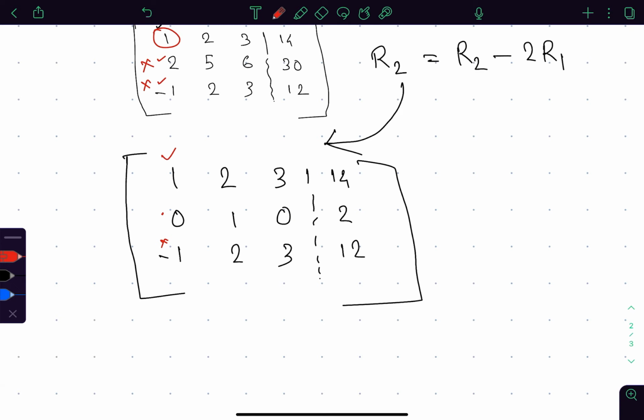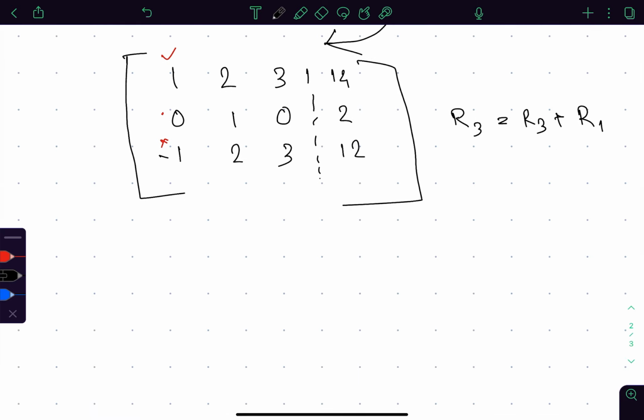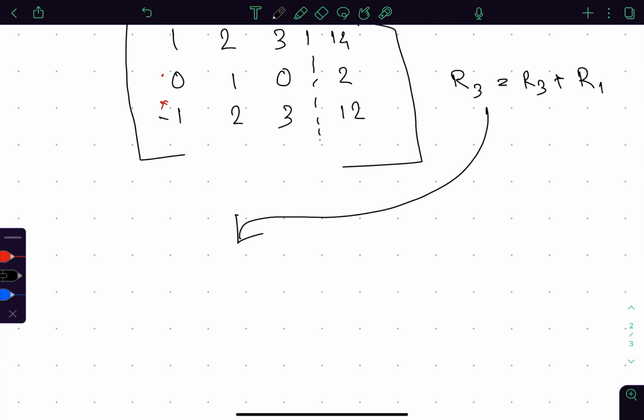So we'll do R3 equals R3 plus R1. This will give us 1, 2, 3, 0, 1, 0.